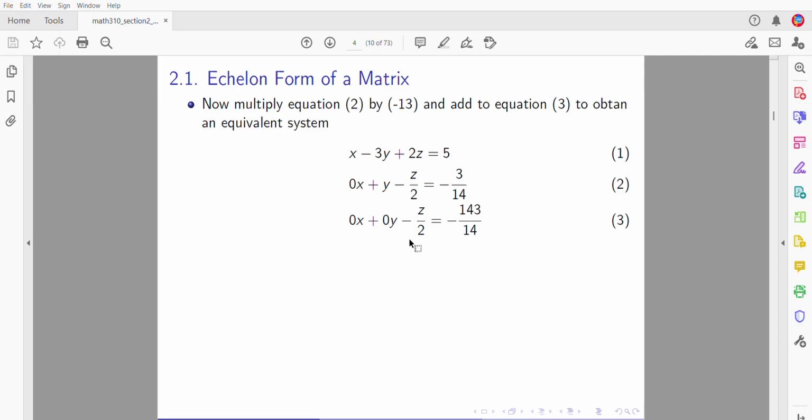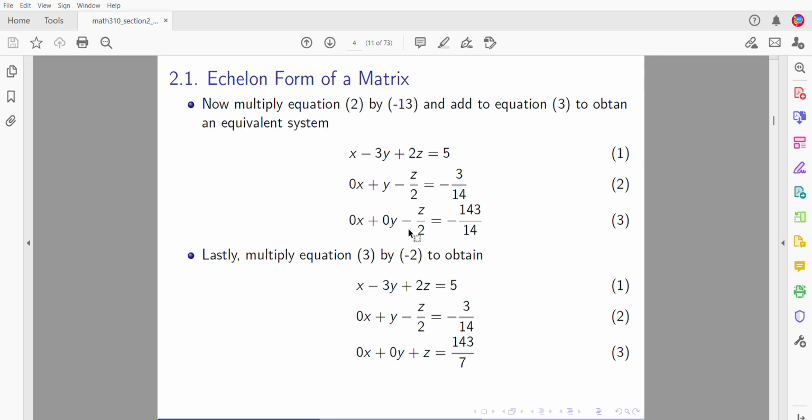I can solve for z. Multiply by negative 2 to clear the negative and the 2. Here you go. z is 143 over 7. Now work backwards. Now that you know what z is, substitute this in the previous equation to find y.